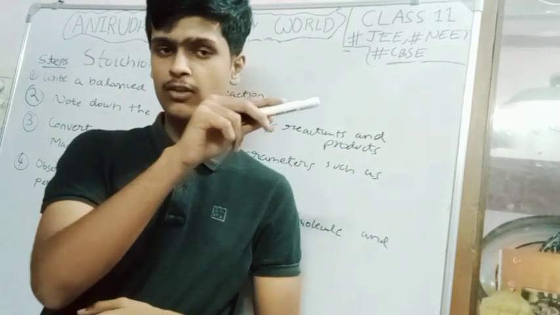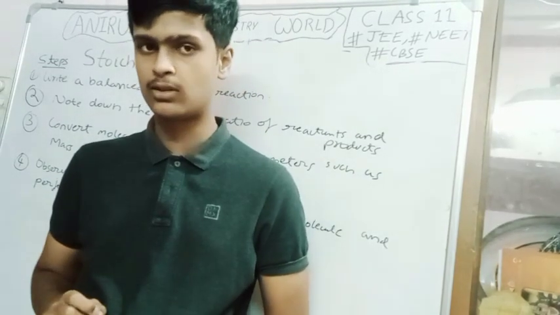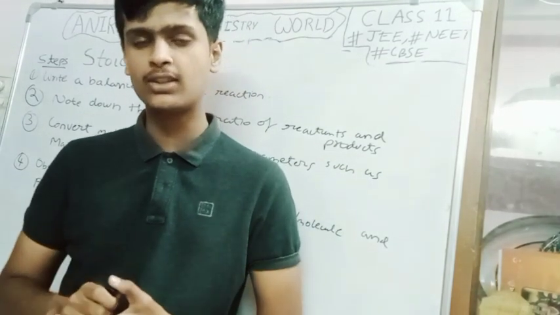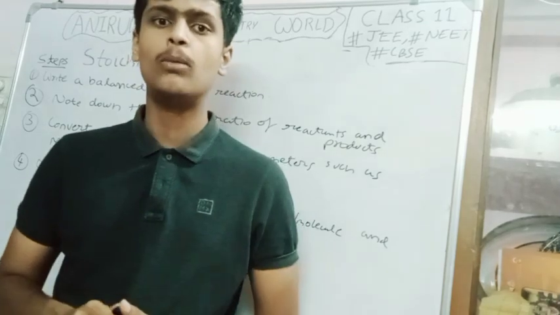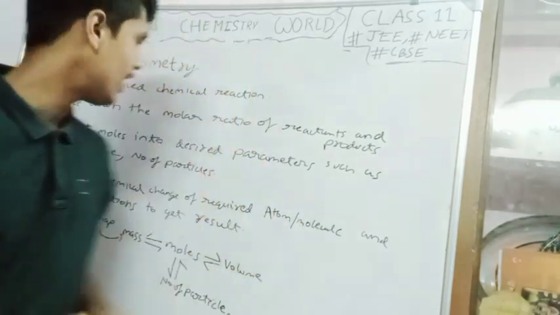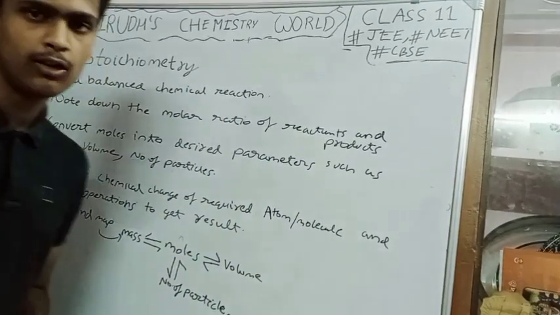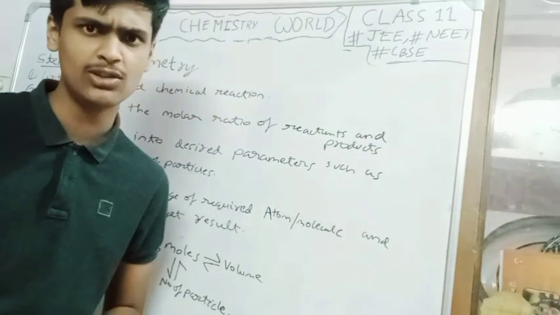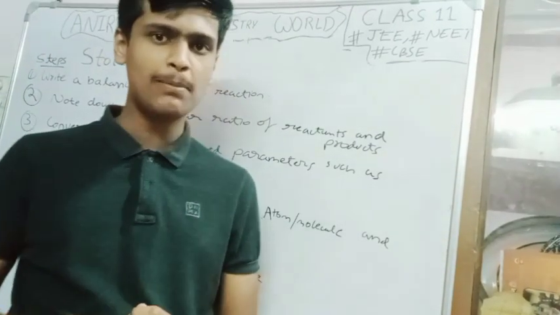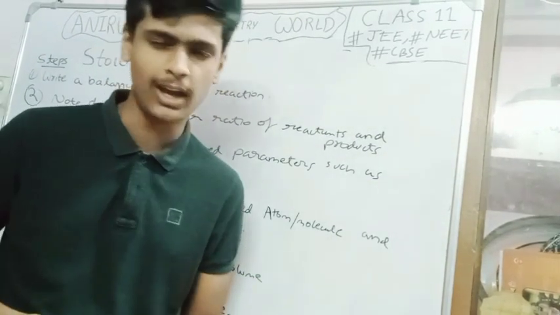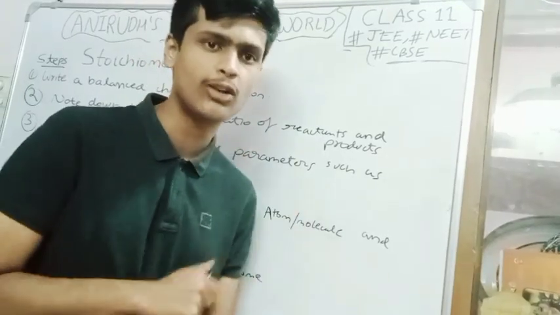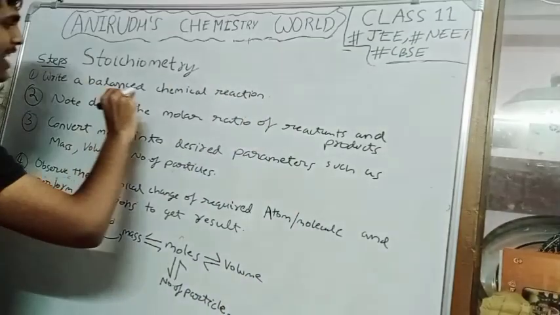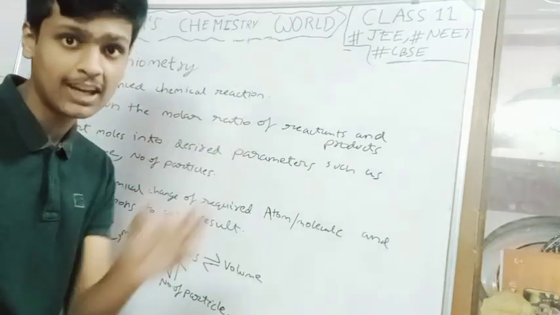So the number of nitrogens on the reactants side is 2, and in the products you should also have only 2 moles of nitrogen. That's the meaning of a balanced chemical reaction. You might have learned this in your earlier classes, but I am telling it from scratch so that everybody is clear with the topic. Okay, write a balanced chemical reaction of the given reaction.